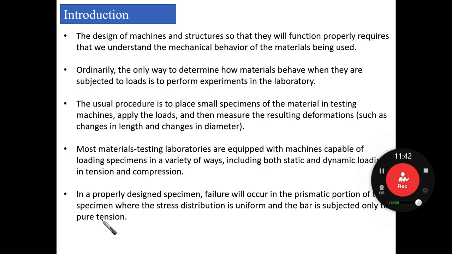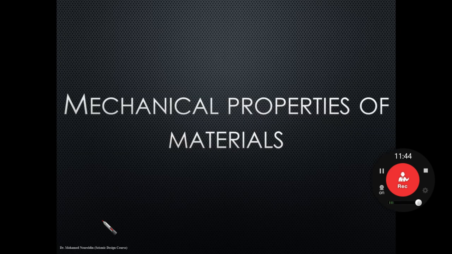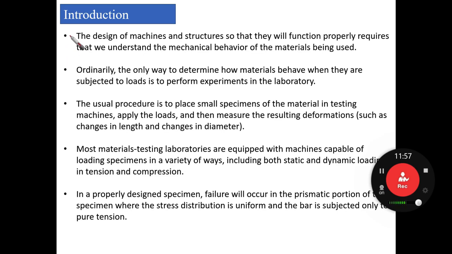Let's recap what I have said in this video. It is a short video, but it's important. I was talking about the mechanical properties of materials, the types of tests that we are using, the types of standardization, and at the same time the types of equipment that we can use. We gave an introduction about this. The most important thing is related to the laboratories that have testing machines, whether for static or dynamic loading.